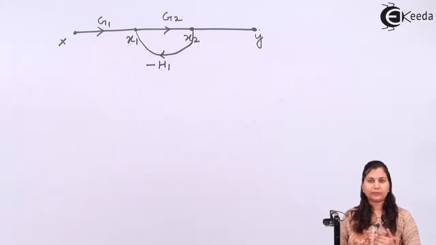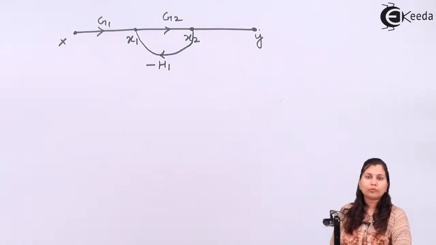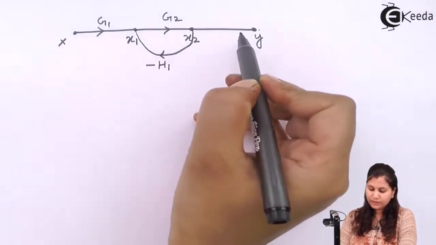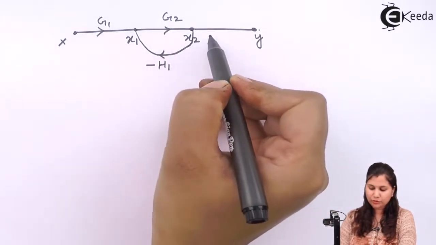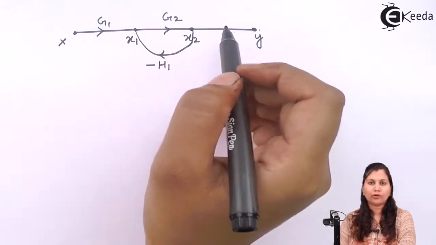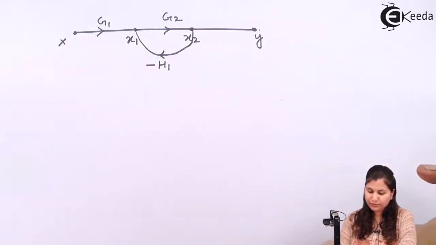Let's start with the first step. The first step was to write the equation for each of the nodes. So there are 4 nodes, x, x1, x2 and y. We will write the equation for all of these 4 nodes.